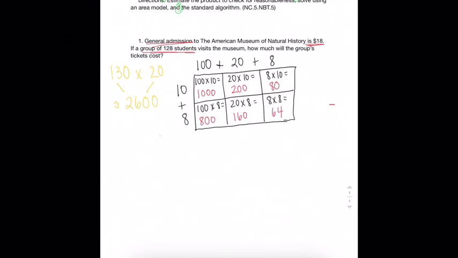So you see that we have 2 rows. I'm going to go ahead and add those 2 rows up. I'm going to do 1,000 plus 200 plus 80, and then I'm going to do 800 plus 160 plus 64.